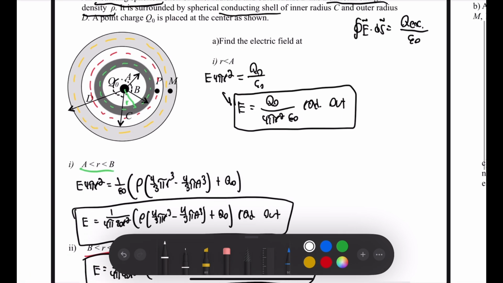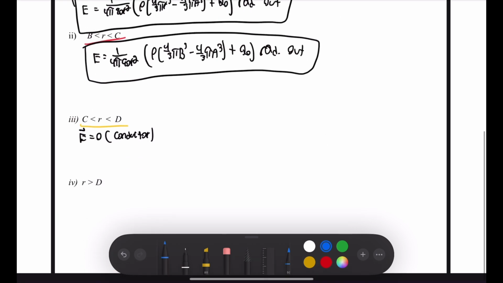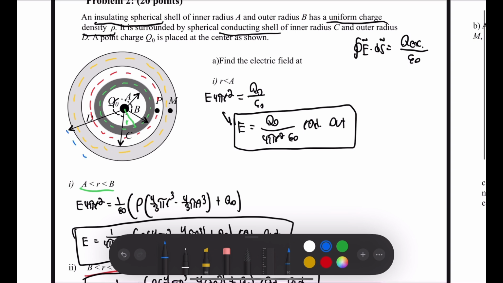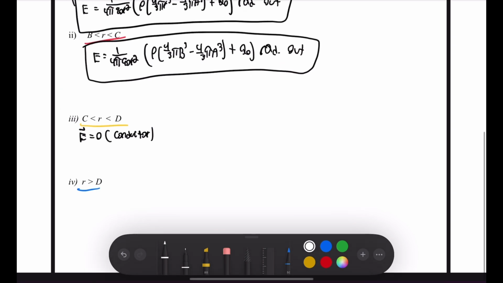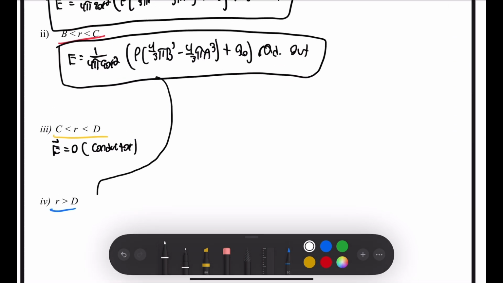Now lastly, for our last region, when r is greater than D, we're out here. And because the problem doesn't say that the conductor has a charge Q naught or negative Q naught or any charge residing on it, this answer is basically going to be the same thing as the one up here.